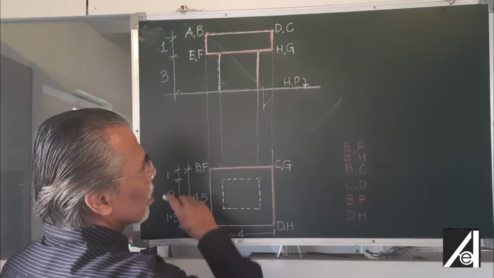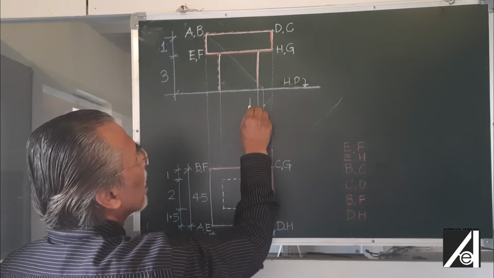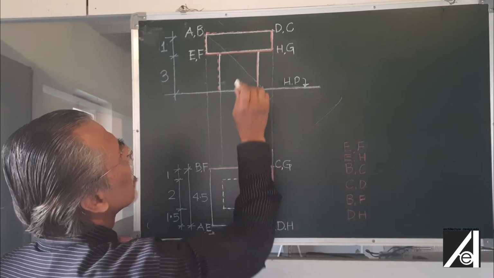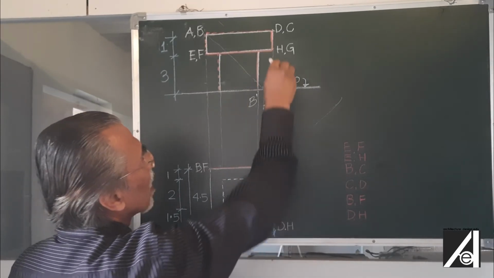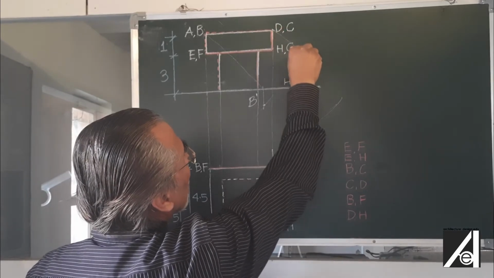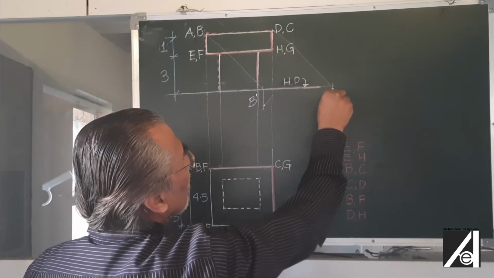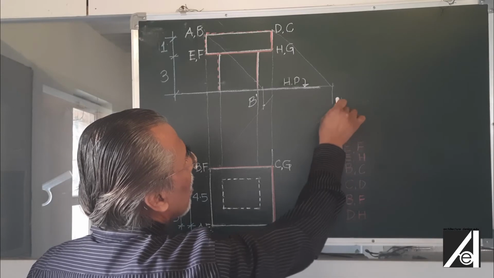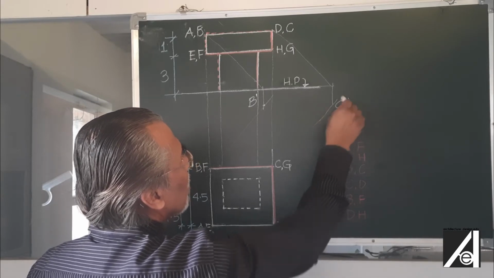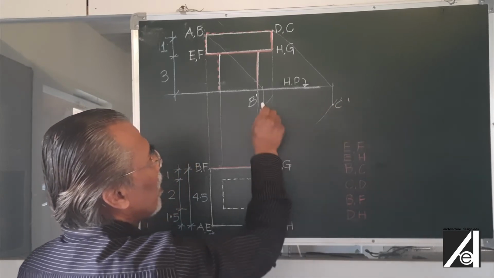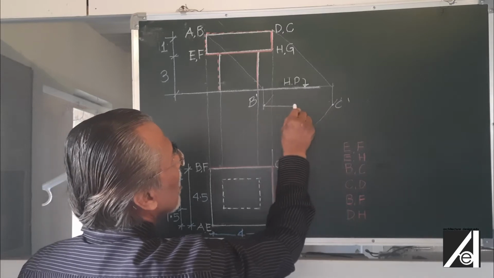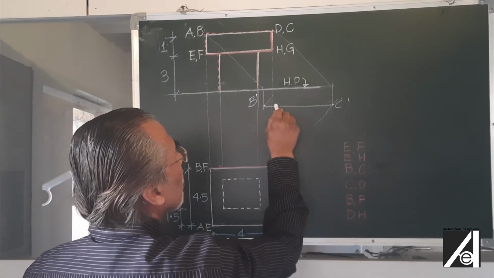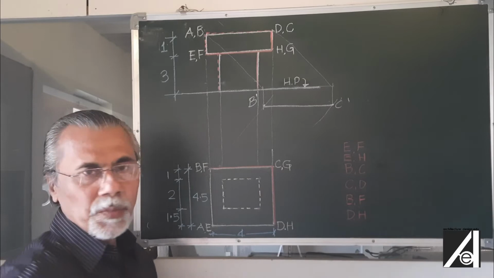So this is the point, this will be my B dash. This you all know. Similarly, if I project this here, this will be my C dash. So B dash and C dash can be joined, and this becomes the shadow of the line BC.